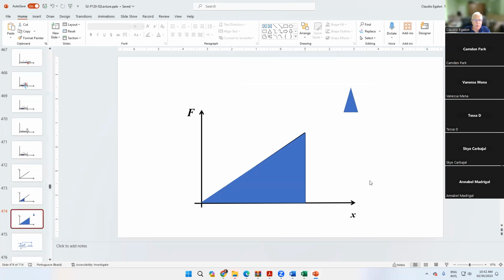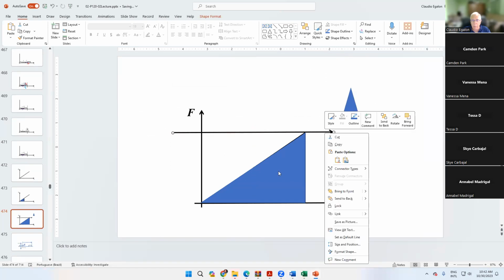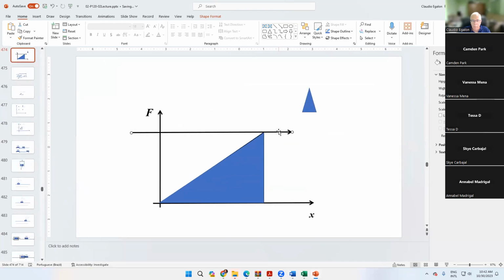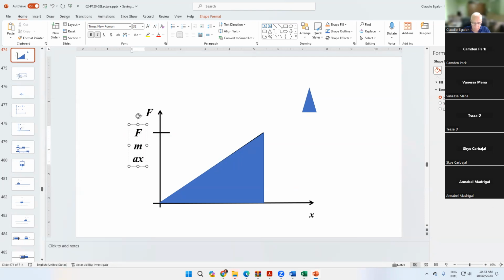I'm going to elaborate here. I'm going to say that this one here is F maximum. I'm going to call that F max. Let's say this is a given value.